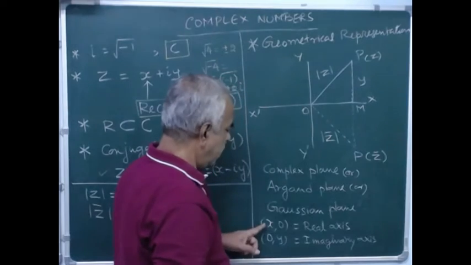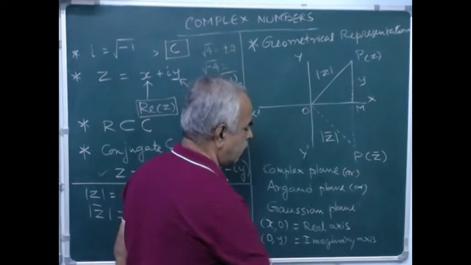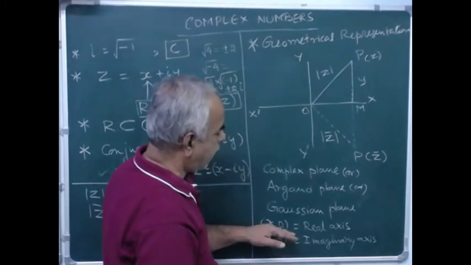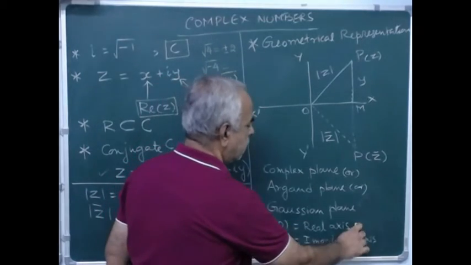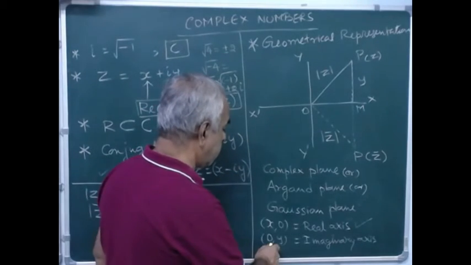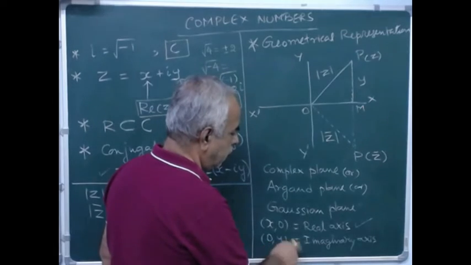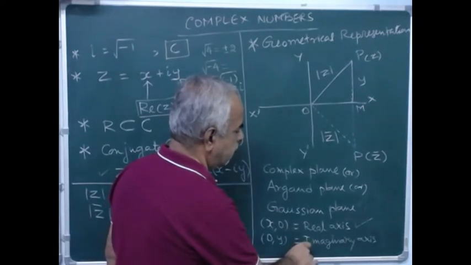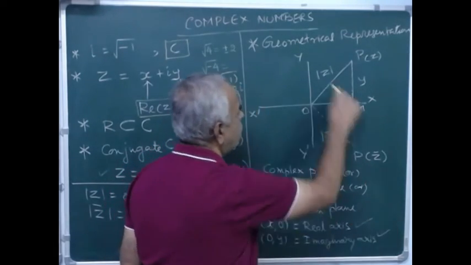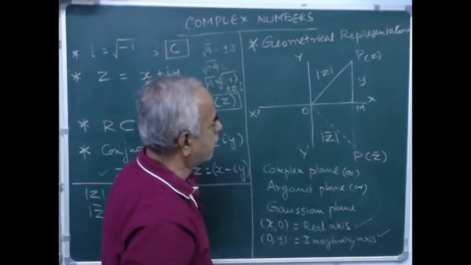Now, when I put y as 0, then it is the real part of a complex number. So that axis can be represented as the real axis. And similarly, the y axis. Here, when the real part is 0, and if you have got y, it will lead to iy. Definitely, it is the imaginary axis. So this y axis is called the imaginary axis.